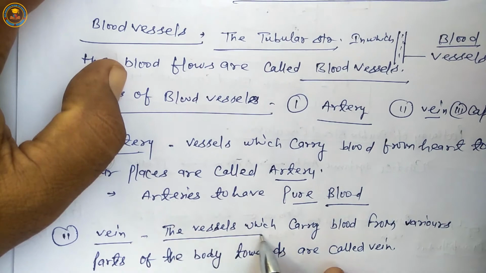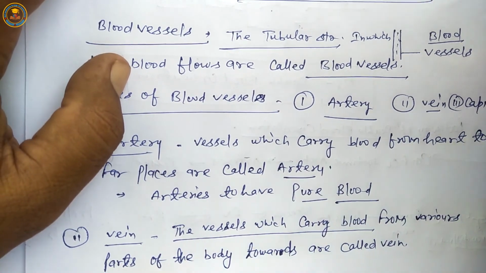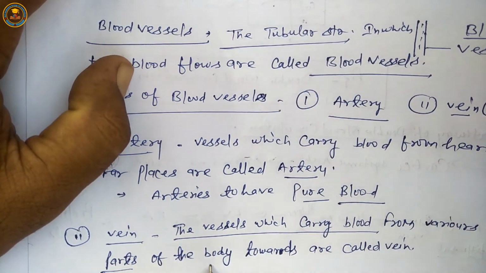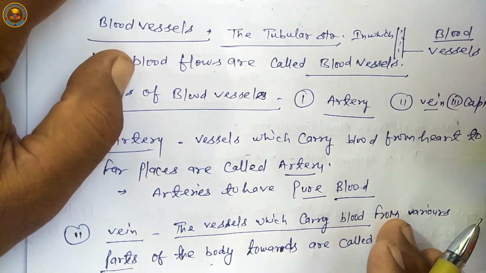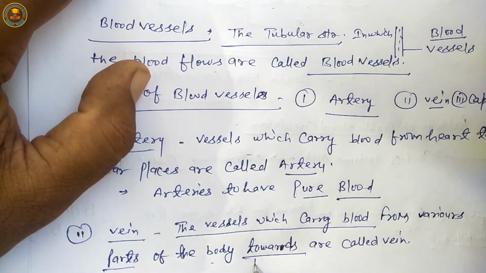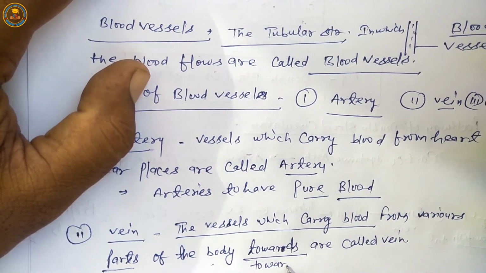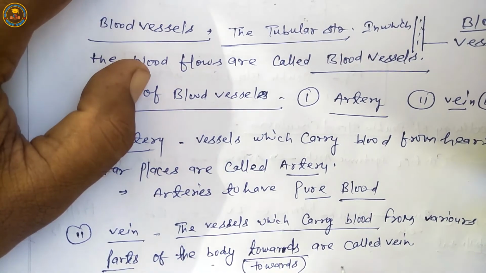Once again, the vessels which carry blood from different parts of the body towards the heart are called veins.